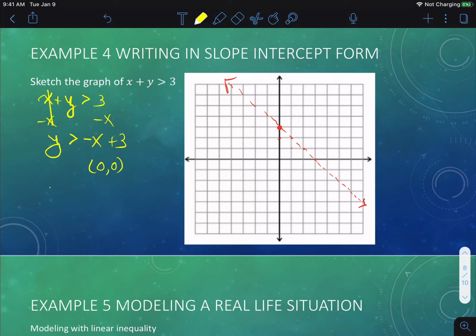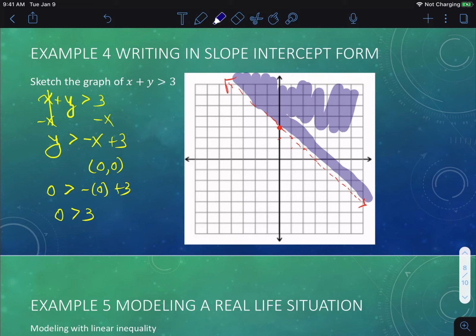So we're going to say 0 is greater than -0 plus 3, or is 0 greater than 3? Let's see, is 0 greater than 3? No, 0 is not greater than 3. So that automatically tells us then that our shading is going to be on this side of the dashed line that we just drew. So there that is. And I'll just finish this real quickly.